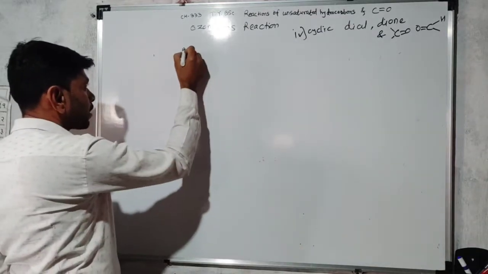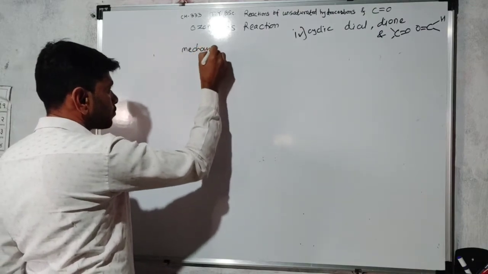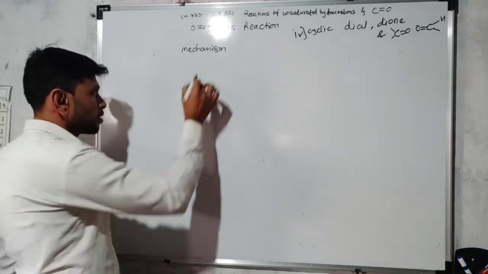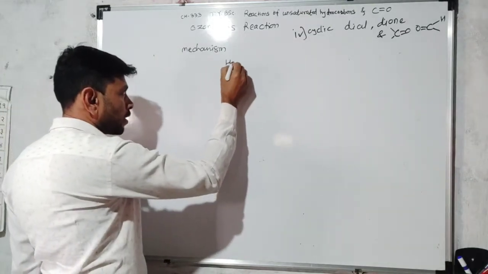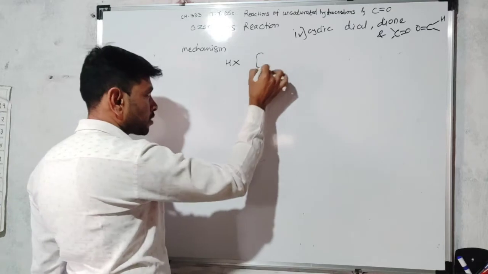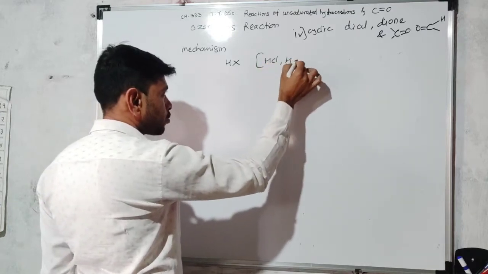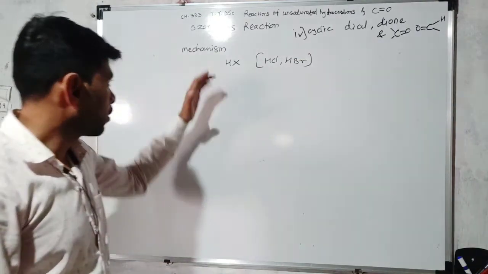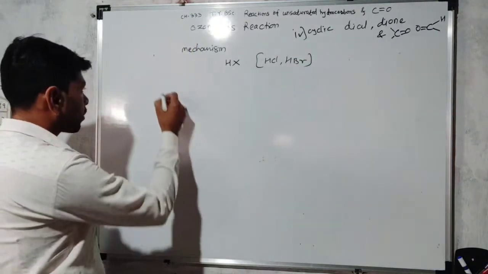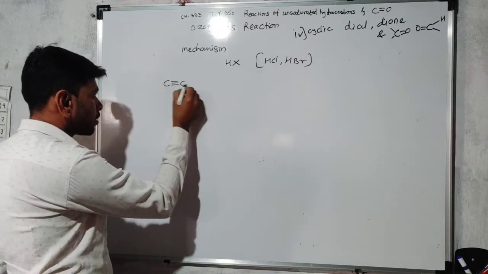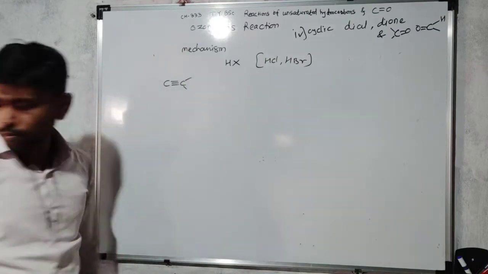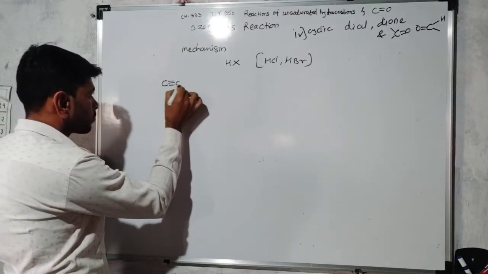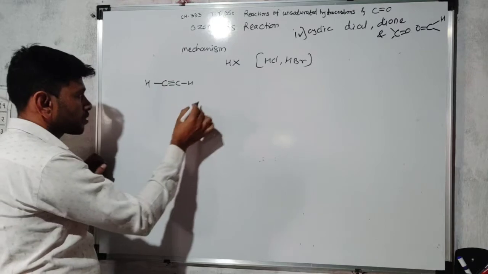See the mechanism. Now, in the mechanism, just consider the addition of an HX compound, a haloacid. HX may be HCl, HBr, H2SO4, or some other compound containing H, that means a polar compound. So the carbon-carbon triple bonded compound reacts with HX.